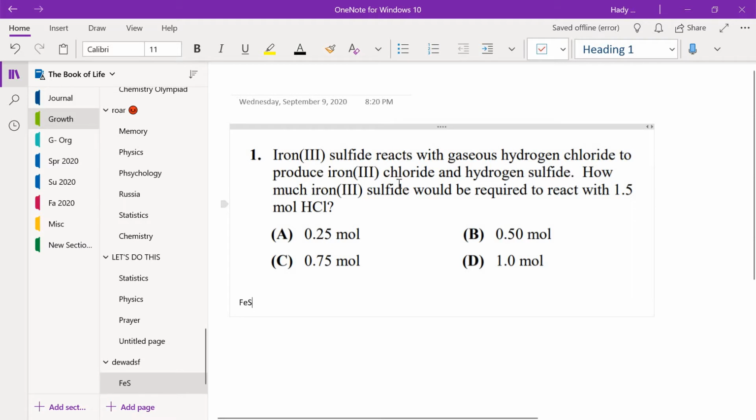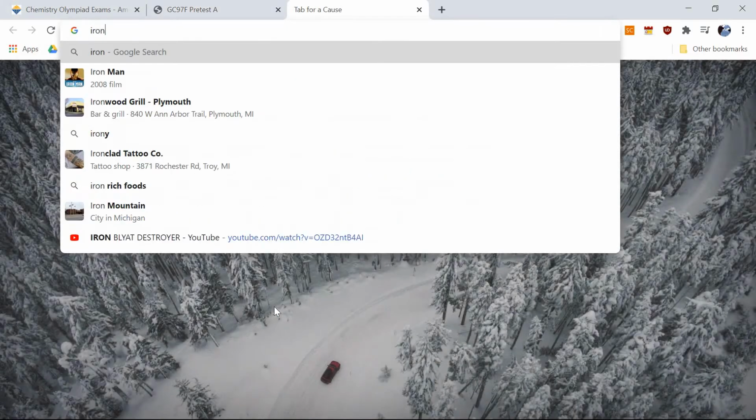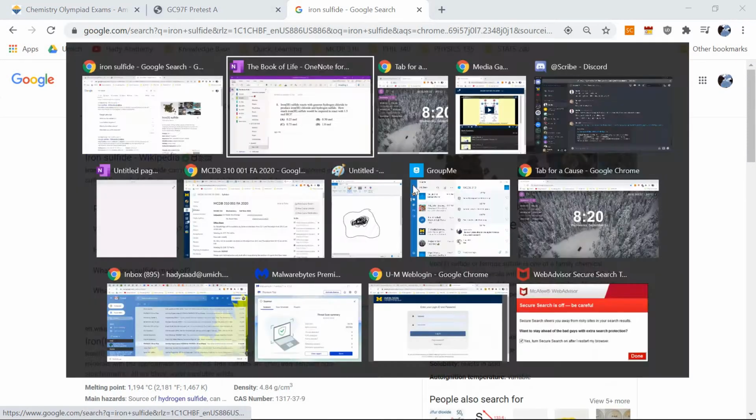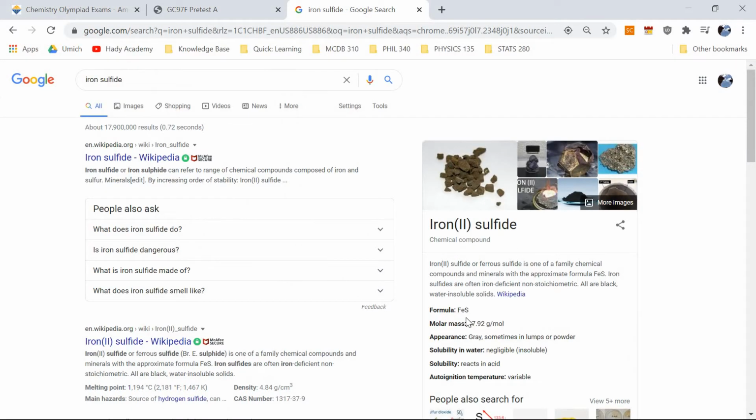Interesting. Yeah. So iron 3, so 3 just means it's donating 3 electrons. Okay. So, and you're adding it to plus hydrogen chlorides. Actually, let me just make sure iron sulfide is just FeS, and it's gonna be, yeah, FeS, but that's iron 2 sulfide.